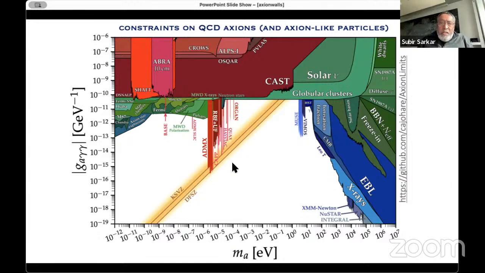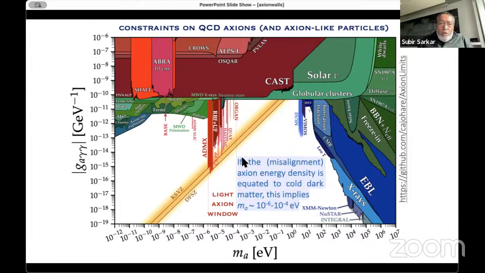But for the light axion window, which I referred to earlier, that's where most of the microwave cavity experiments are. And they probe down to a level which is dependent on what they assume for the local density of axions.